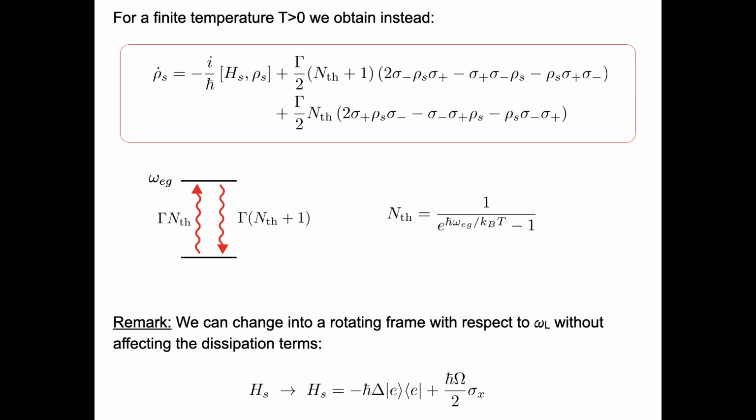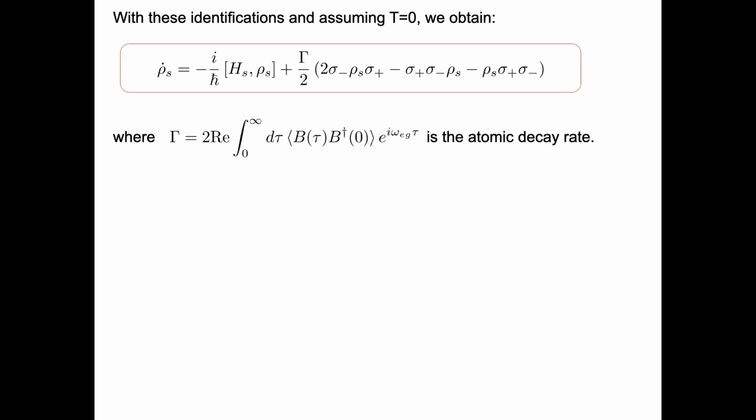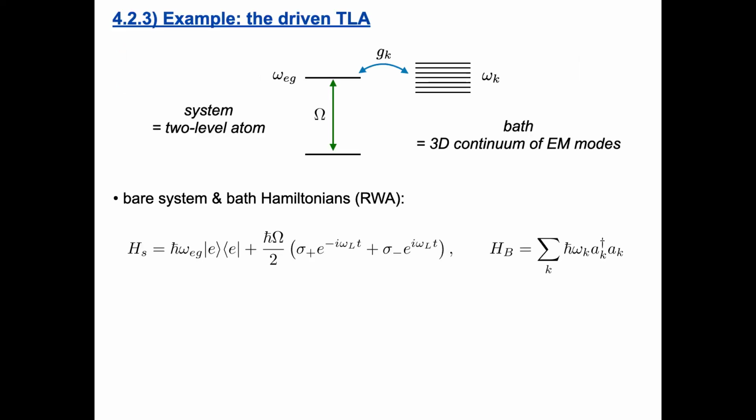So maybe one point, coming back to this discussion. So far, we just translated everything from our general frame, and therefore we in the end wrote down the master equation in the original lab frame. H_S would be now this term, but usually we want to work with the detuning delta.